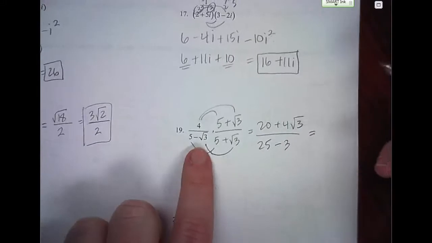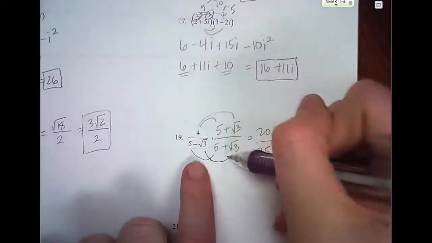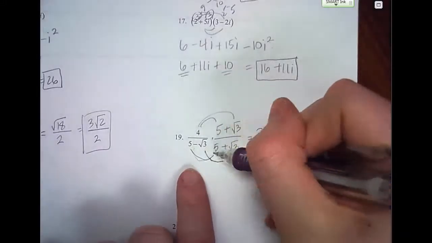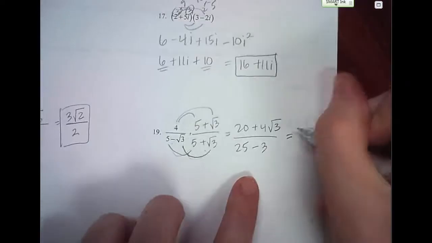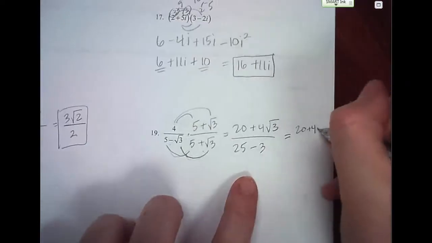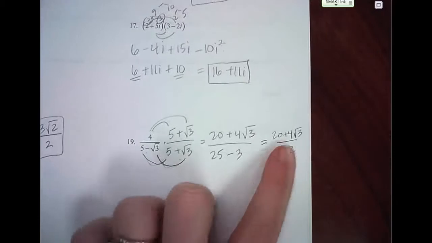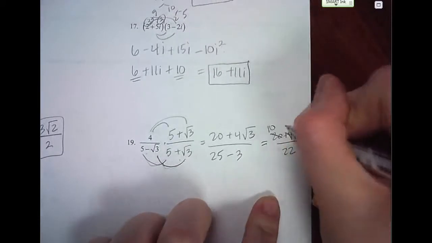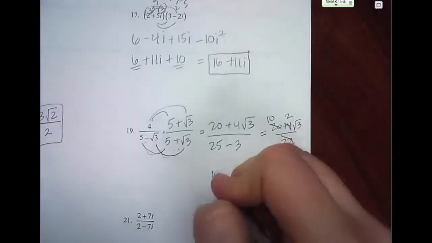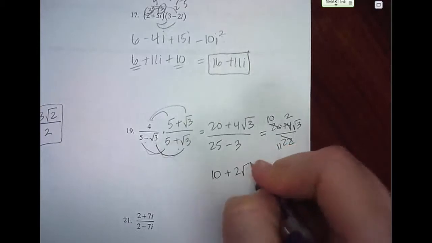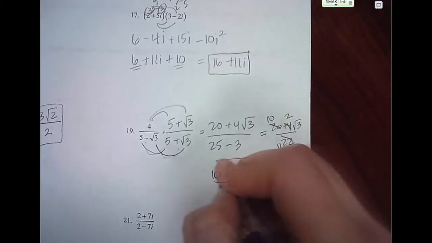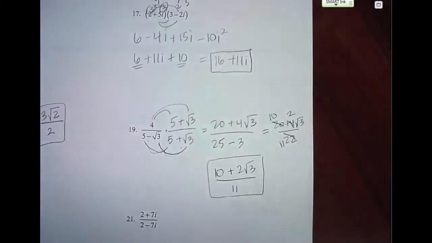You don't have to multiply everything out because these are conjugates, so I just did the shortcut. 5 times 5, negative root 3 times root 3. So 20 plus 4 root 3 over 22. And then everything can be reduced by 2. So 10, 2, and 11. So 10 plus 2 root 3 over 11 would be our answer.